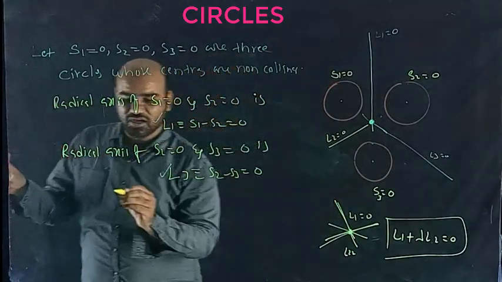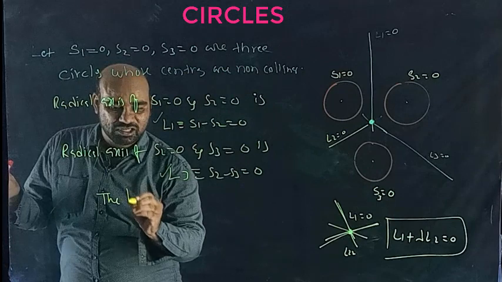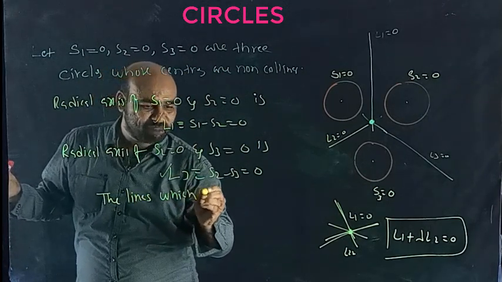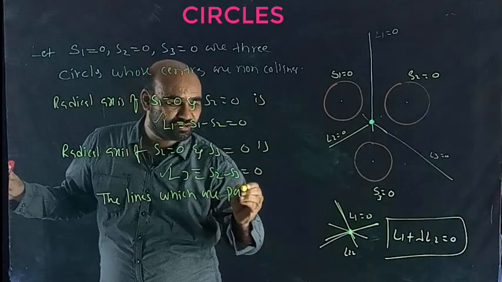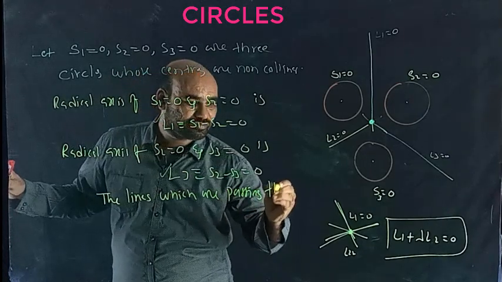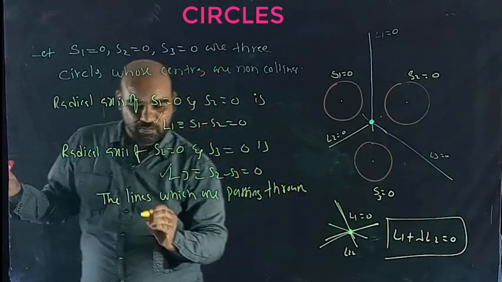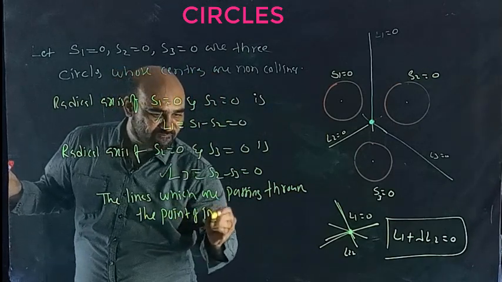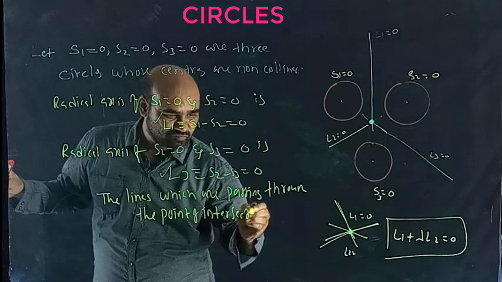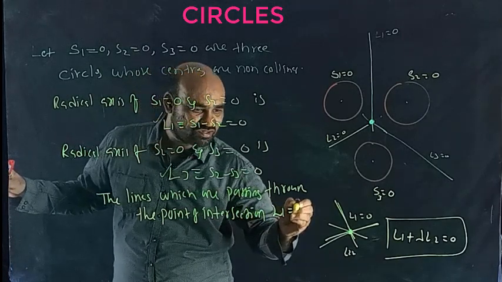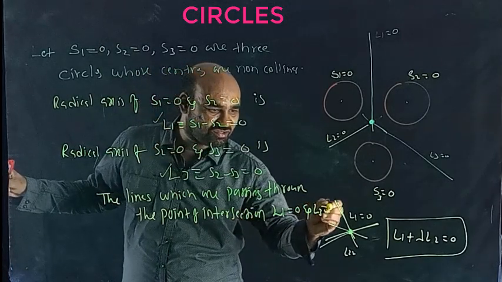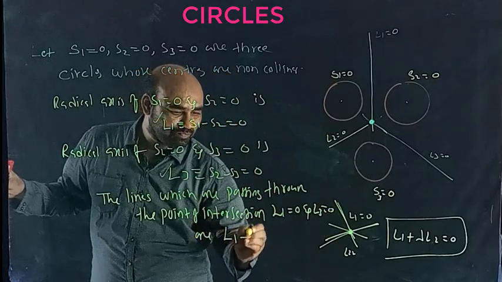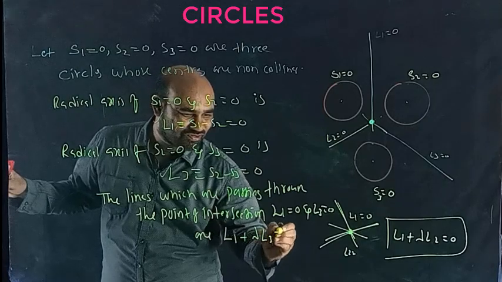The lines which pass through the point of intersection of L1 equal to 0 and L3 equal to 0 are L1 plus lambda L3 equal to 0.